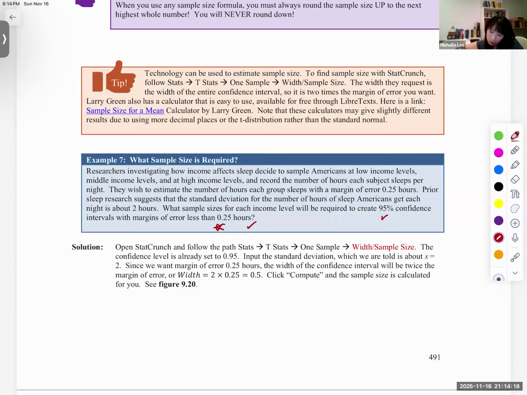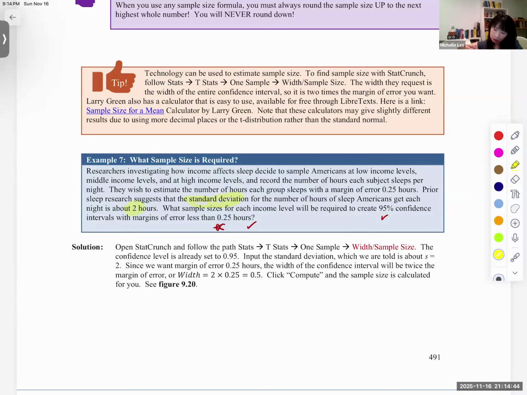Hold on one second. Prior, the standard deviation for the number is 2 hours. Okay, so we need this information.